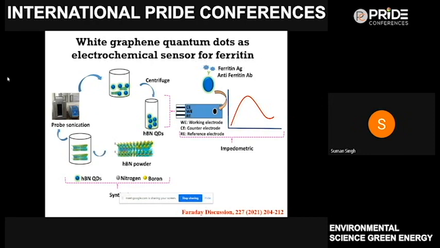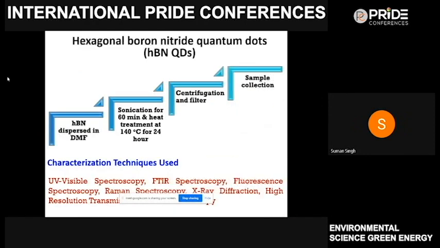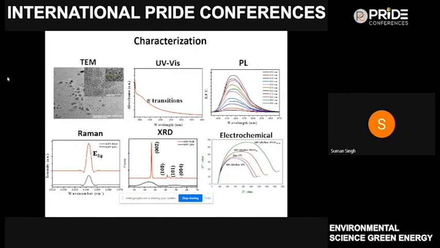Here also our motive was simple synthesis, so sonication and heat treatment were sufficient. We did the respective TEM, UV, and PL characterization, and the PL shows that our quantum dots are quite stable, as the emission peak remained at a constant position with the change in excitation.